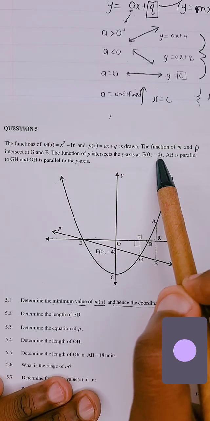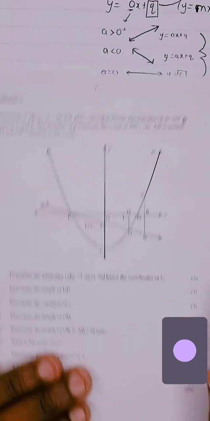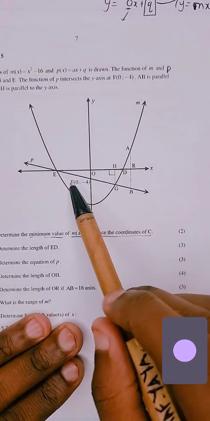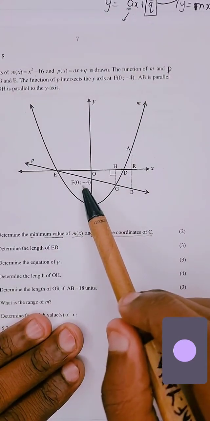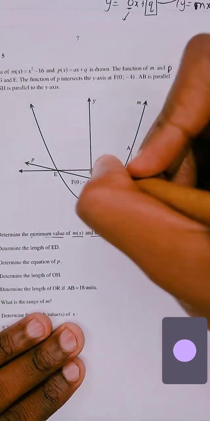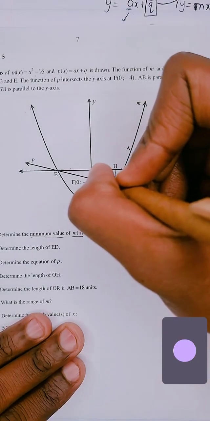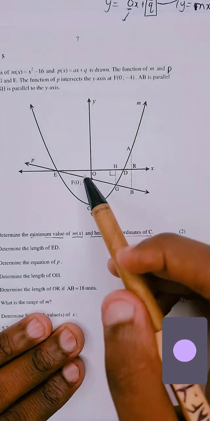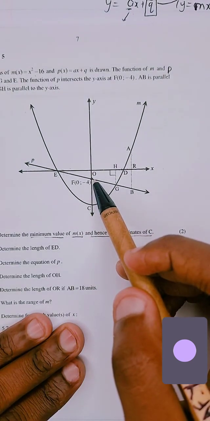Are you following, Z? I'm following. And here, look at F. It's 0 and -4. F is on this y-axis. It's that point there.